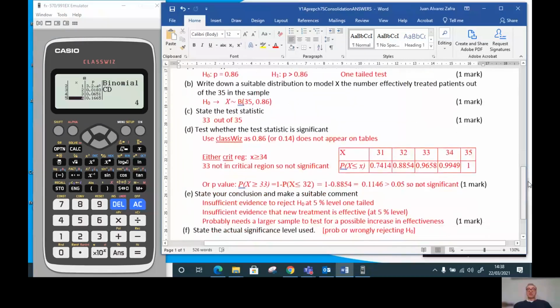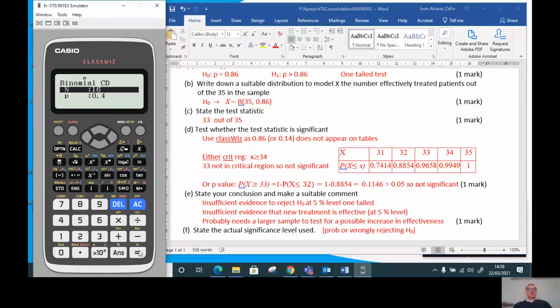Test whether the test statistic is significant or not. Well, we can either work out the critical region and see if 33 out of 35 is in that critical region, or we can use a p-value for 33. Okay, so let's first of all work out the critical region by going to the calculator, again here, n is 35, p is 0.86.